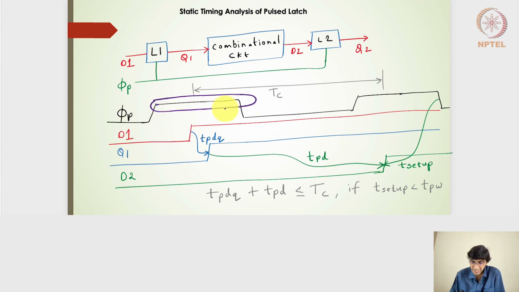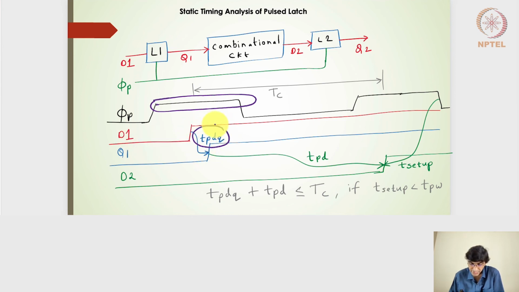Let's say that because of the larger room here, the D1 signal arrives somewhere in between the clock level high of the pulse signal. So the Q1 output, which is the output of the latch 1, will be formed after the propagation delay of D to Q.